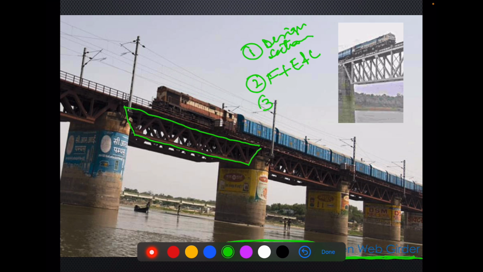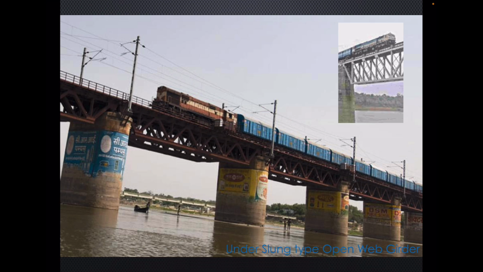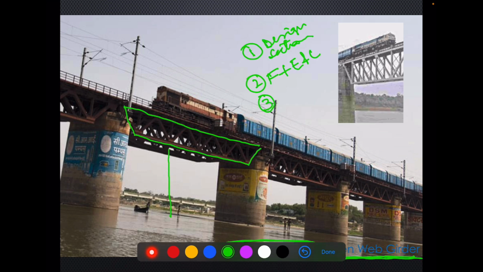And number three is whenever we cross a river body like this, there are always certain navigational requirements which we have to mandatorily follow, like freeboard. Freeboard is the clear height available above the highest water level up to the bottom of the girder.